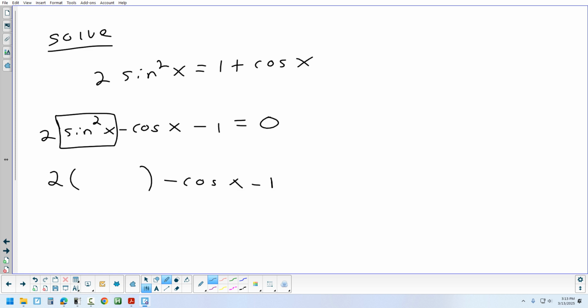Do you remember what that identity is? For sine squared. Oh, 1 minus, no.